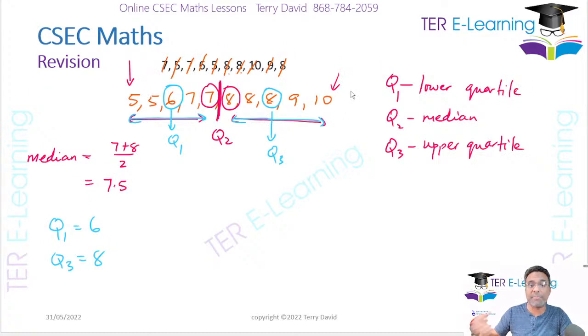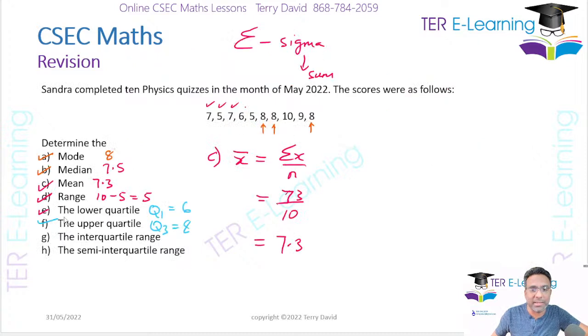So from a string of data, we have to be able to calculate what is the upper quartile and what is the lower quartile. Right, so that's the answer for part E, part F.